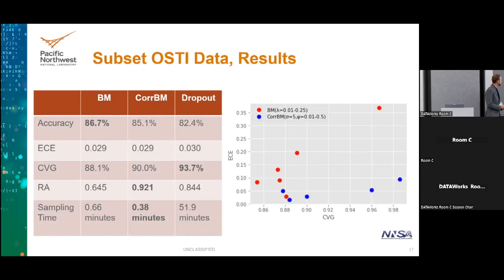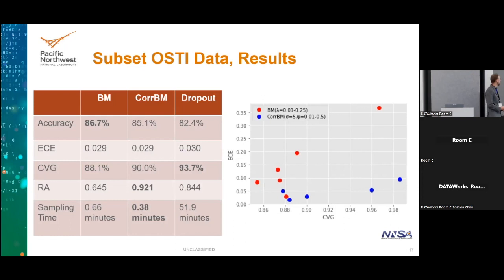We report accuracy. The hope here is that the accuracy doesn't change drastically with this process, but the goal here wasn't to improve accuracy. What we were interested in is, if we can tune ECE to be low, can we maintain good coverage? Can we have interpretability and so a good ranking accuracy, and how quickly can we do it?